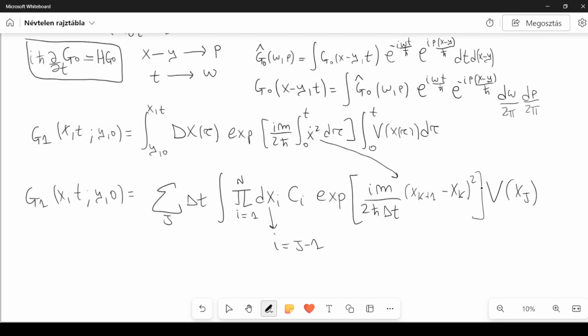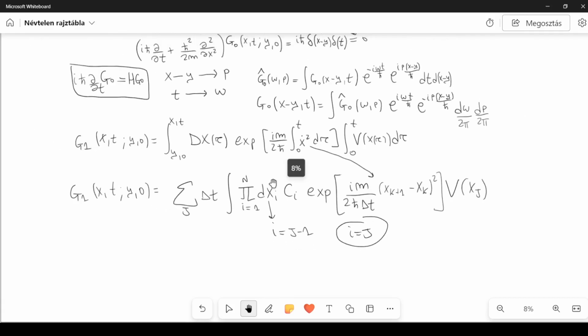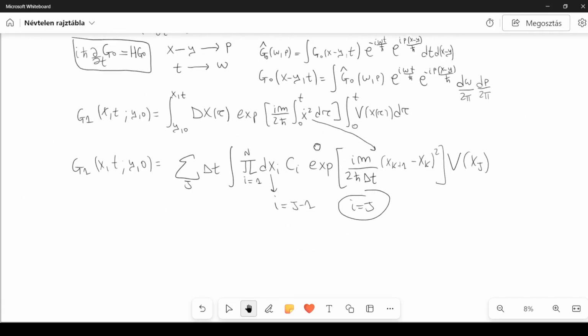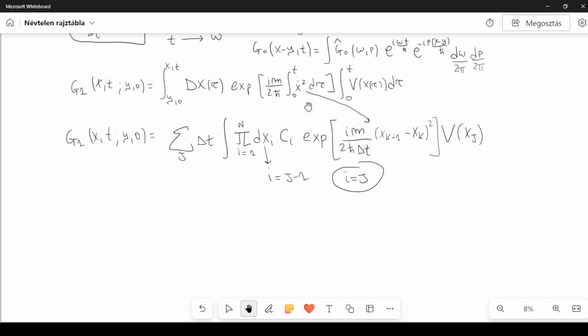You have to integrate over the potential if i is equal to j. So this is problematic because we don't have a closed form expression for that. We need to know what is the form of the potential in order to be able to carry out the integration, and we cannot do that. But still, we can try to understand something.